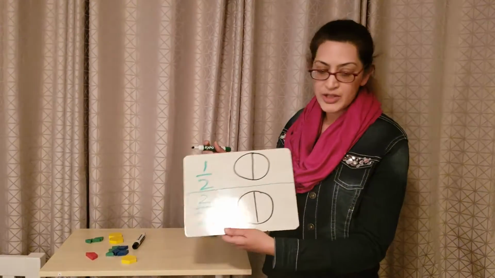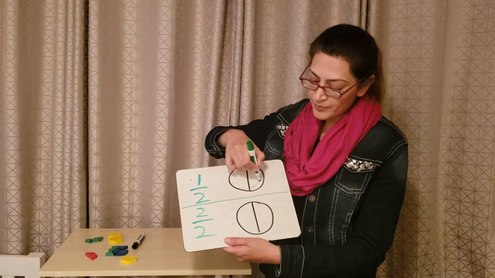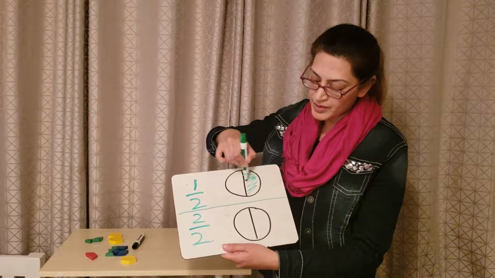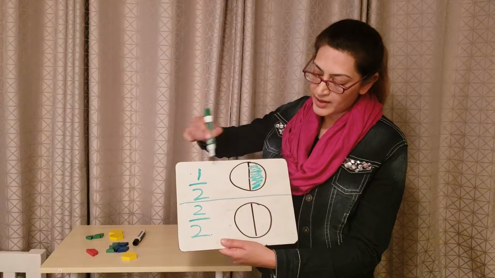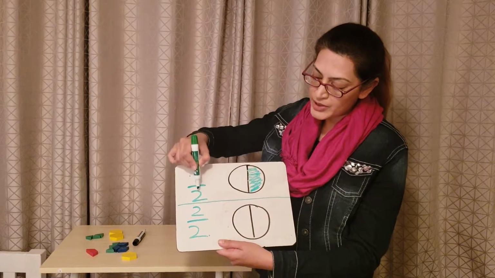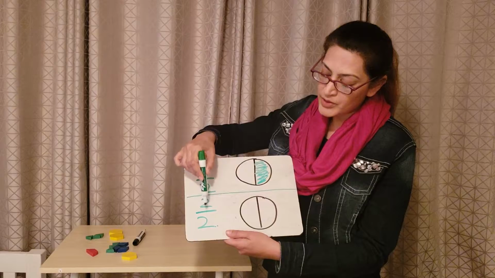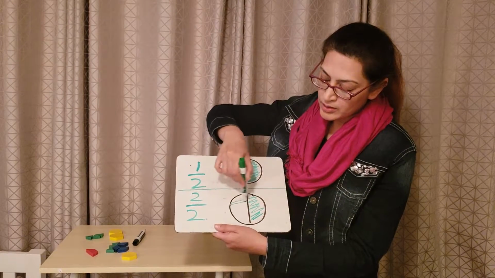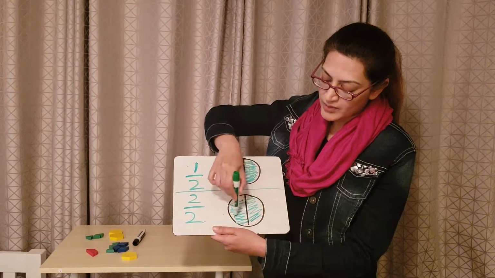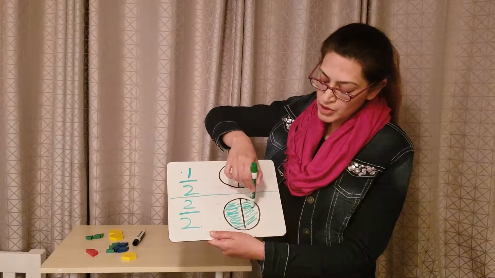For 1/2, you have to fill up the half part of the diagram, right? Color the half part of the diagram to show 1/2. And for 2/2, you need to fill up both sides of the diagram.